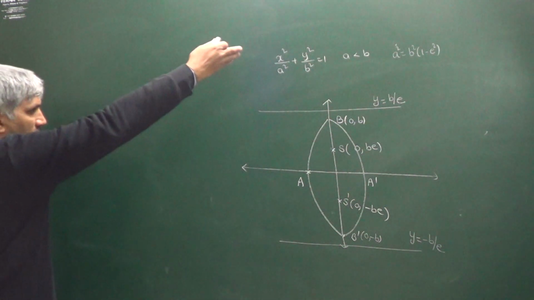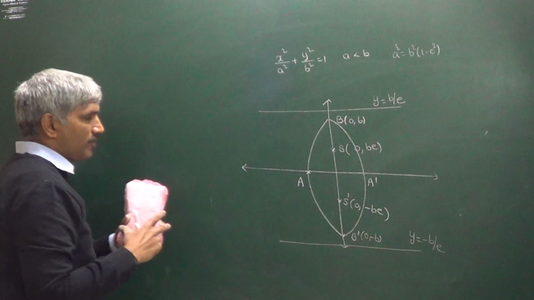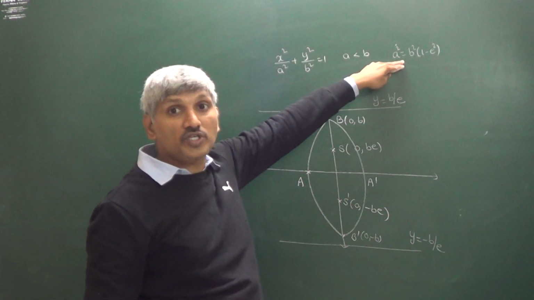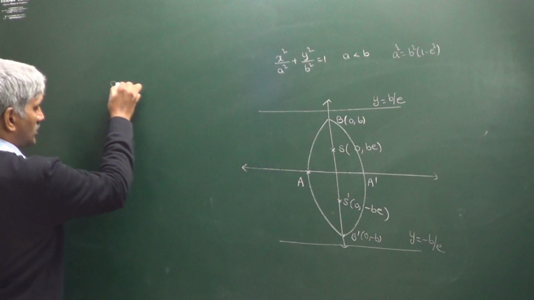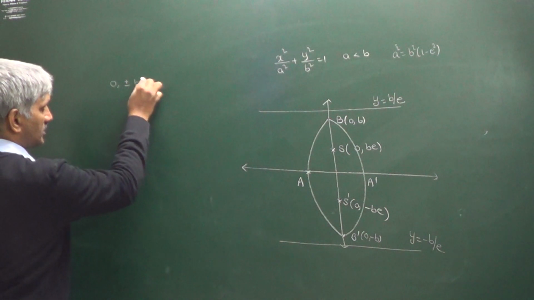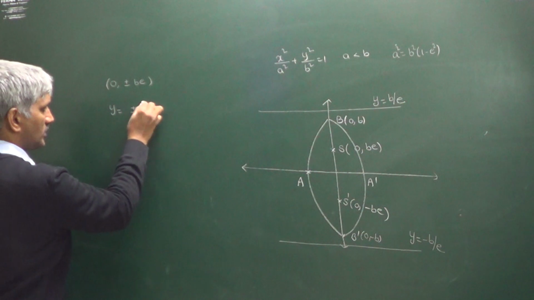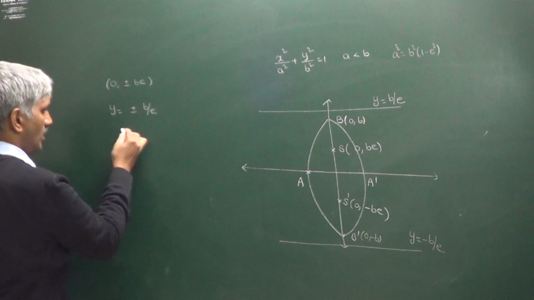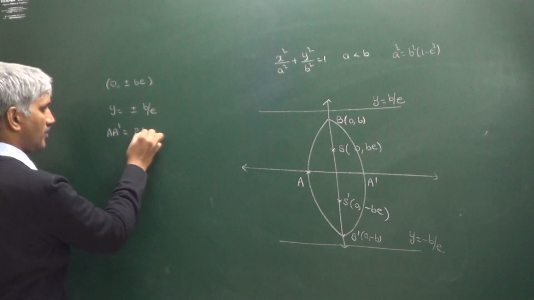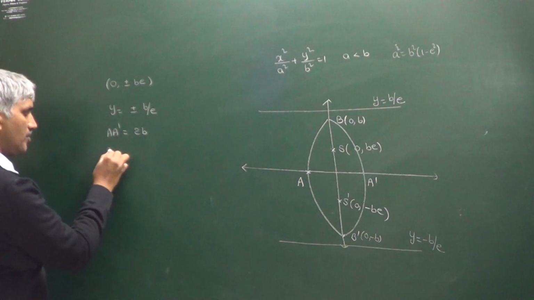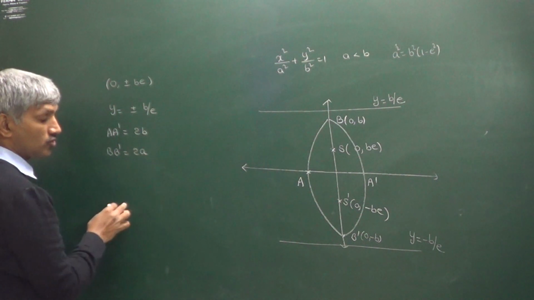For that ellipse, the coordinates of the focus are (0, plus or minus be), and the equations of directrix are y is equal to plus or minus b by e. A dash we are calling the minor axis, and length of the minor axis is equal to 2b. B dash we are calling the major axis, and length of the major axis is equal to 2a.